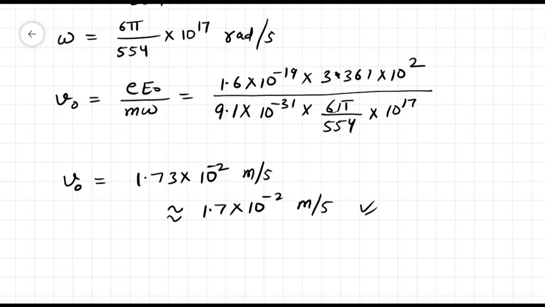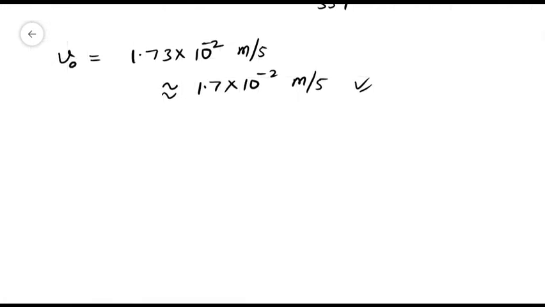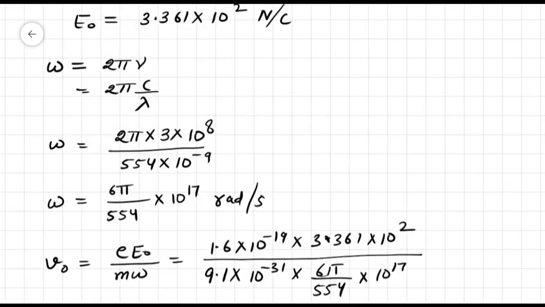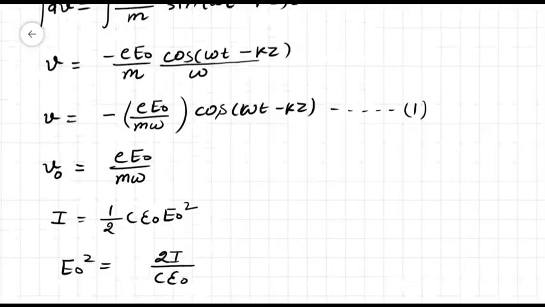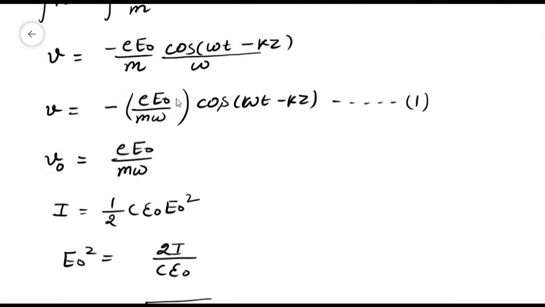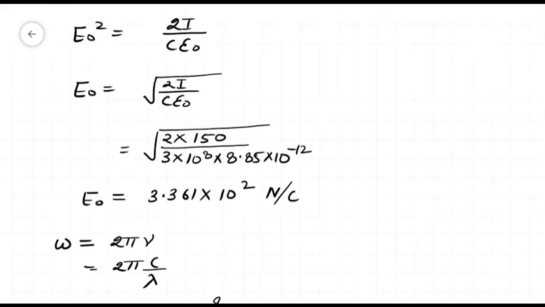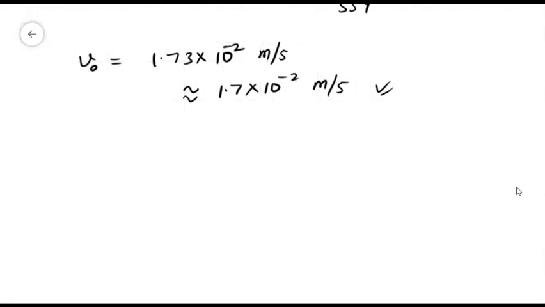Now the second part of this question is to calculate the amplitude of the displacement, and one can get this from equation 1. Equation 1 was v equals minus e E naught divided by m omega cos(omega t minus kz). So v equals dx over dt.